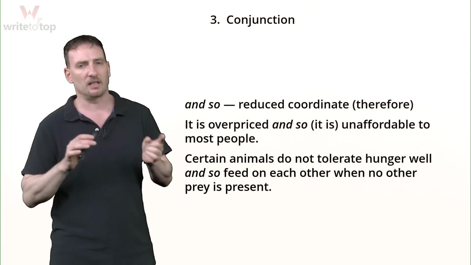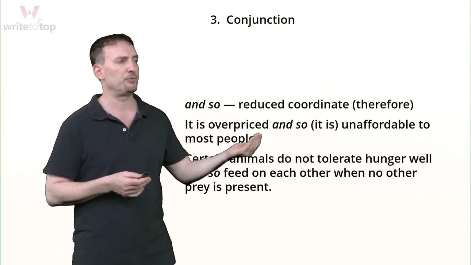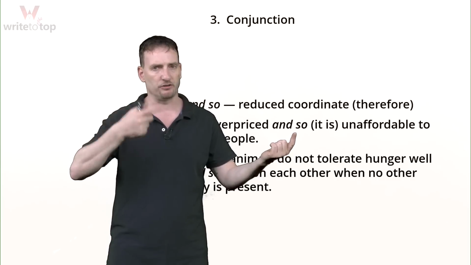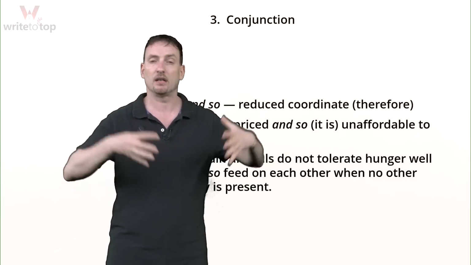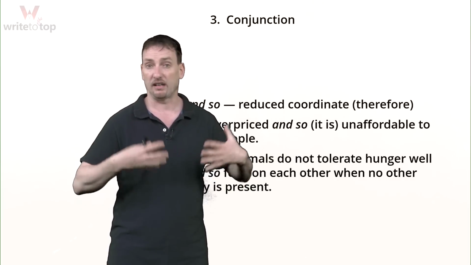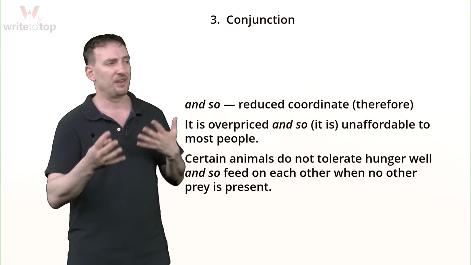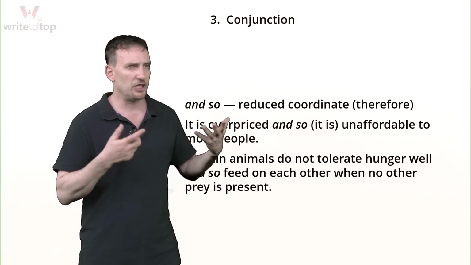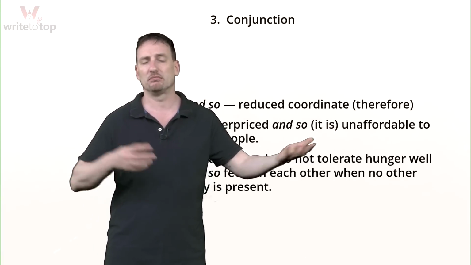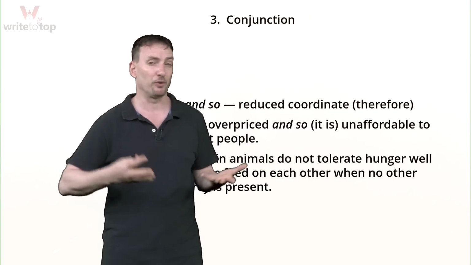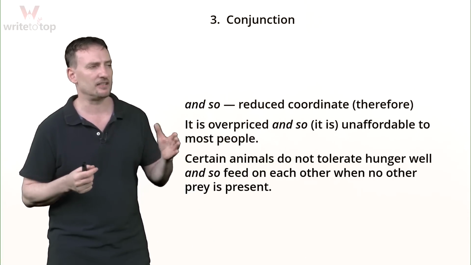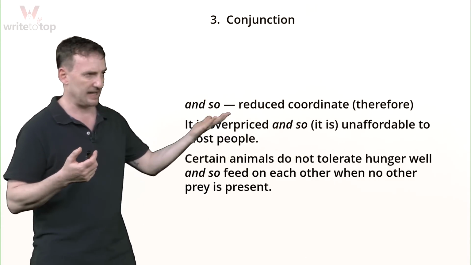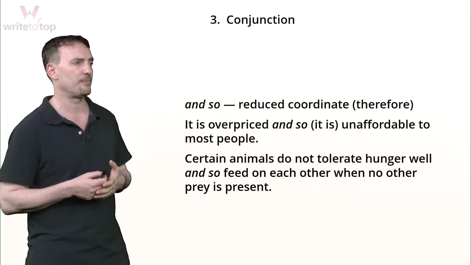The thing you have to be a little bit careful about, if you say it is overpriced and so unaffordable, make sure you don't think, as you're reading, that this so means a lot, like a quantifier, like very unaffordable. Then it would be a bit redundant. Overpriced generally means unaffordable to most people, right? So it would be unnecessary. You should understand that it is unaffordable as a result of being overpriced.